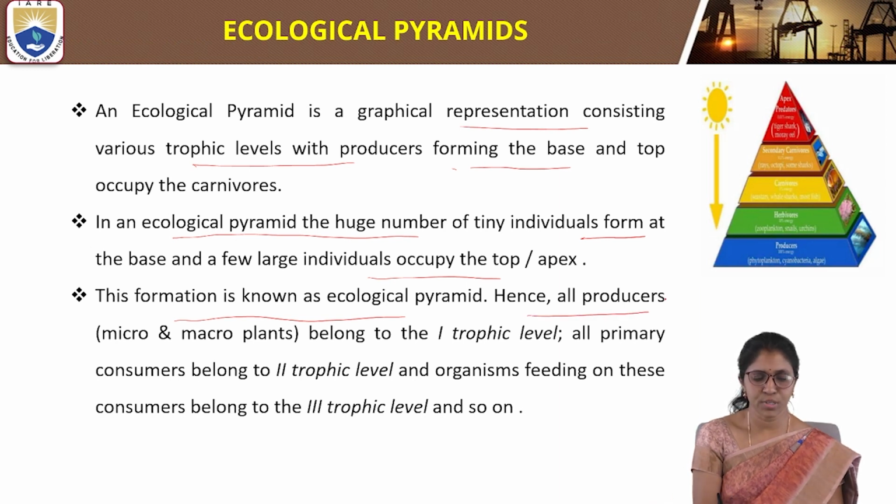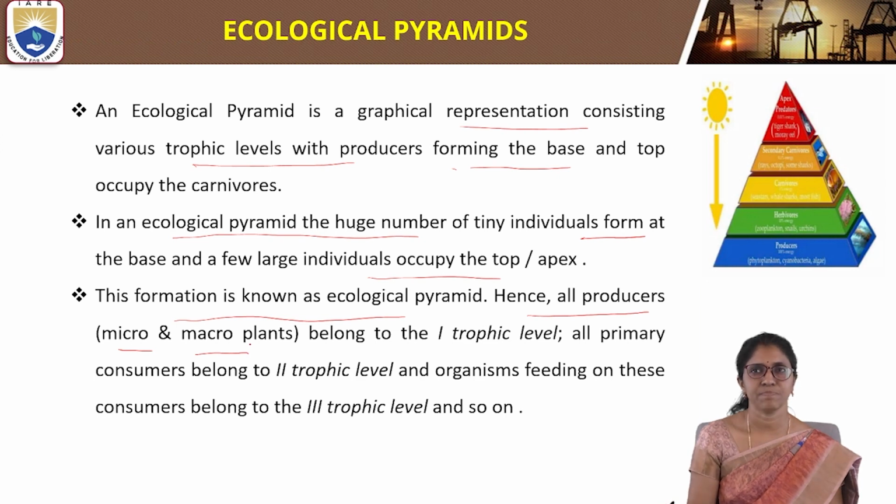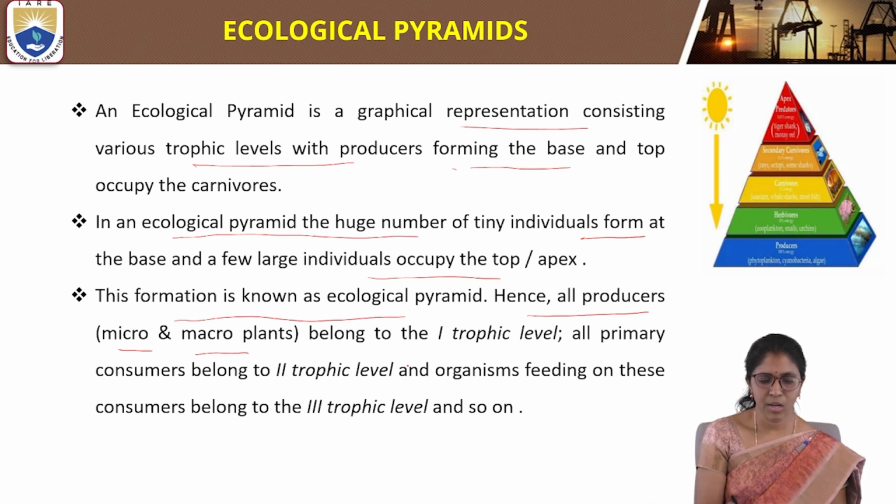Hence, all producers, like micro and macro plants, belong to the first trophic level. All primary consumers belong to trophic level 2. Primary consumers are those which consume producers.